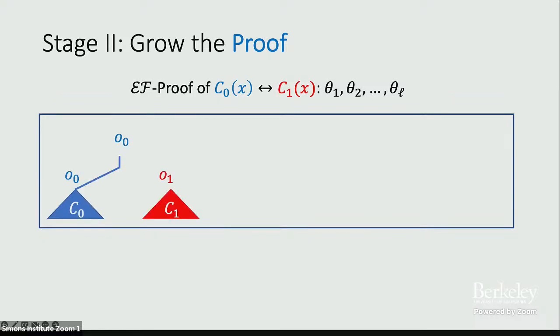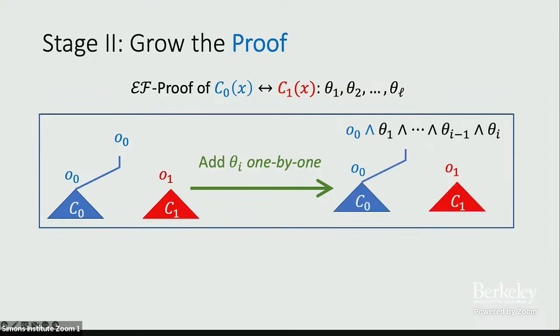At the beginning of this stage, we have both C0 and C1, and the output is set to be O0. In each step of this stage, I'm going to add one line of the proof to the output of the entire circuit. So at the ith step, the output of the entire circuit is set to be O0 and a series of θ from θ1 to θi.